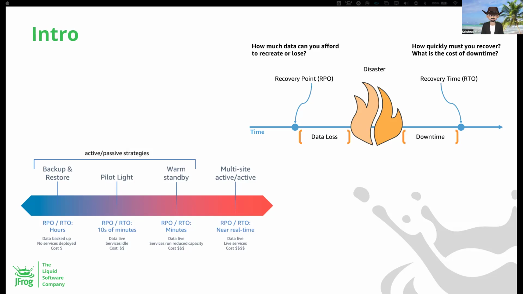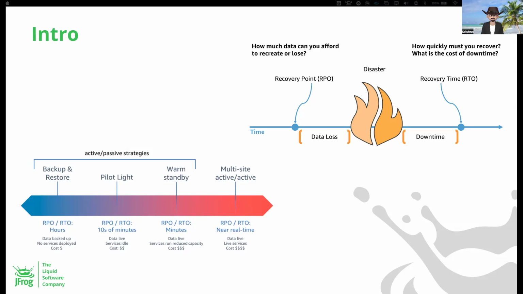One example is putting multi-region read replicas or multi-AZ read replicas in a database to support the application when something goes down, with the data replicating in real time to a different region.